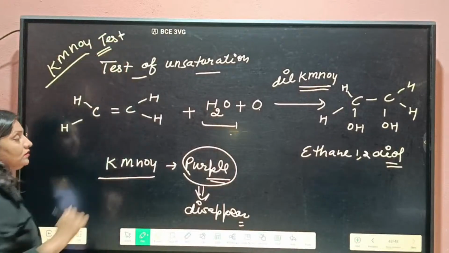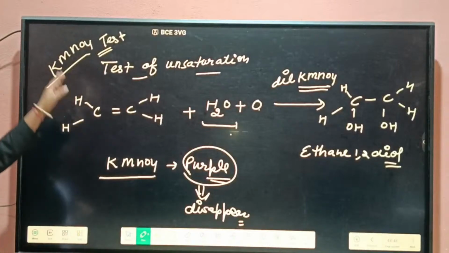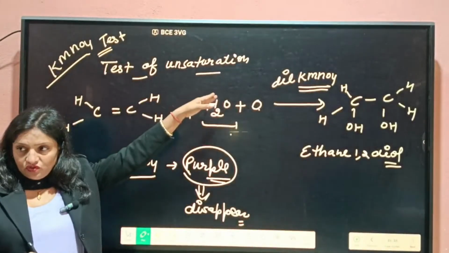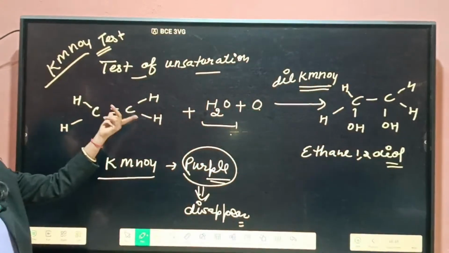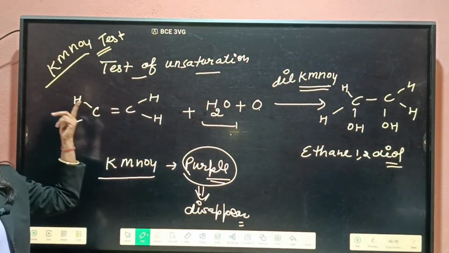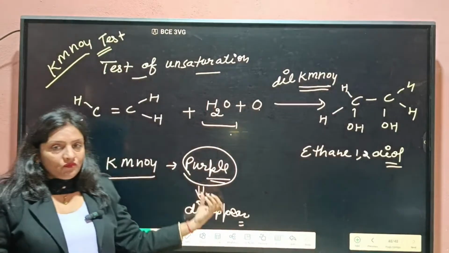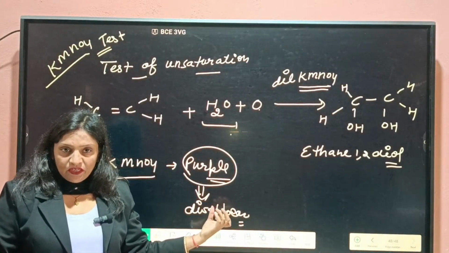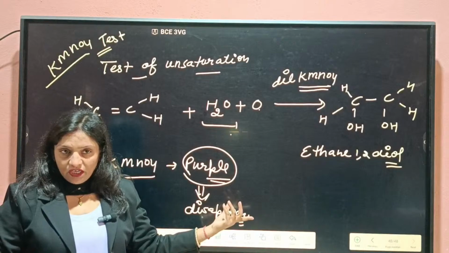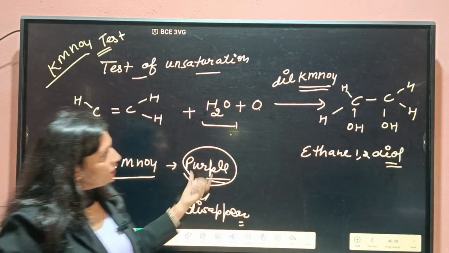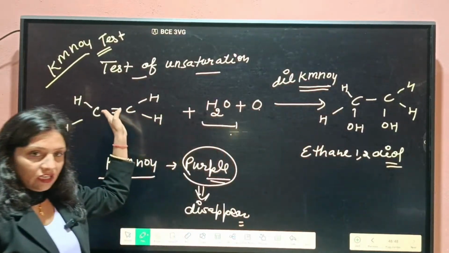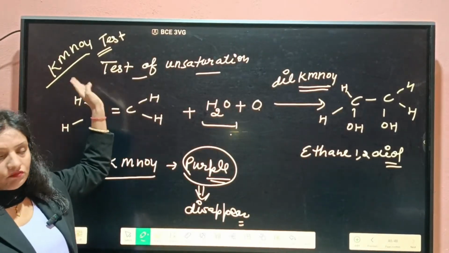So this is also known as the KMnO4 test, the potassium permanganate test. It is used as a test for unsaturation. If our compound is unsaturated, then it will decolorize the potassium permanganate, otherwise not. So the color disappearing shows that an alkene double bond, an unsaturated compound, was there.